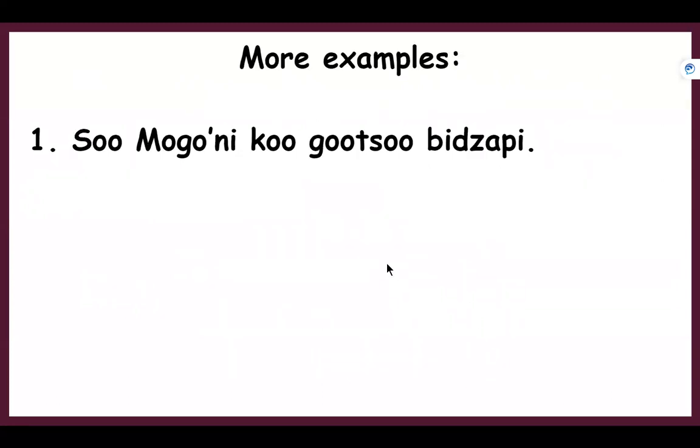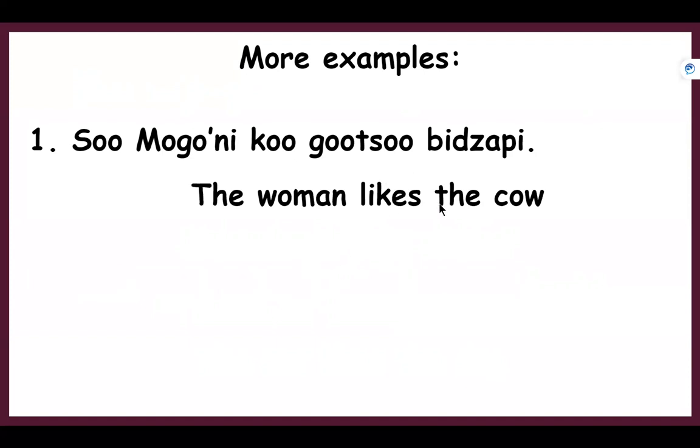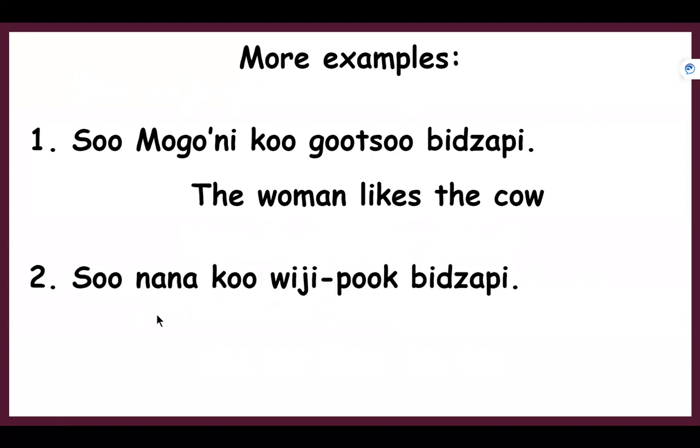Okay, let's go over some more examples just to help us exercise. Number one, sumogotni kugutsu bidzapi. The woman likes the cow. Number two, sunana kuwijipuk bidzapi.